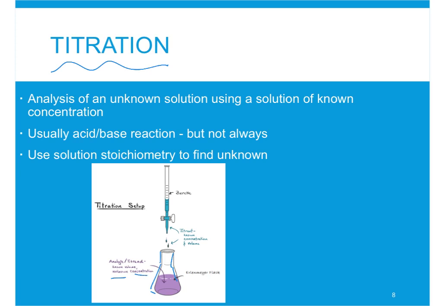So typically the Erlenmeyer flask underneath the burette has an unknown concentration of something. What you're going to do to figure out that concentration is fill the burette with something that reacts with the unknown. And you obviously also know very precisely the concentration of what you're titrating with. And so through some stoichiometry, you can then figure out the concentration of the unknown substance.